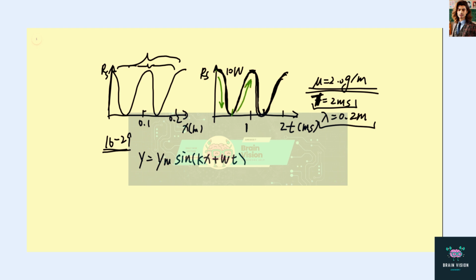Kinetic energy is still positive, but this is actually a minimum. Then it goes on to another. So this whole thing is like one period. That's why it's 2 milliseconds. Similarly here, the wavelength equals 0.2 meter.